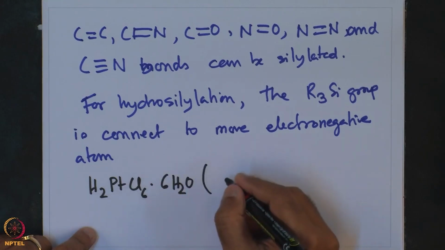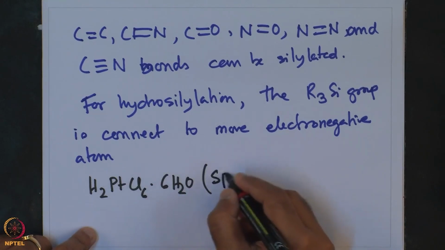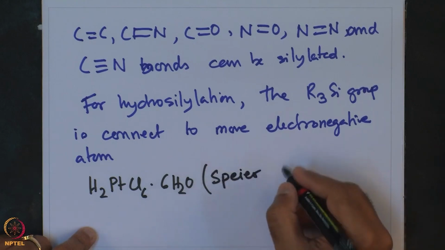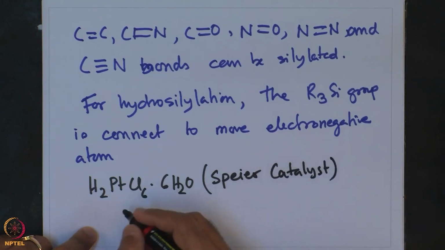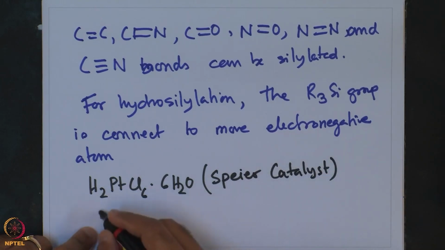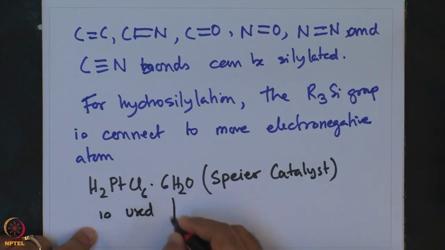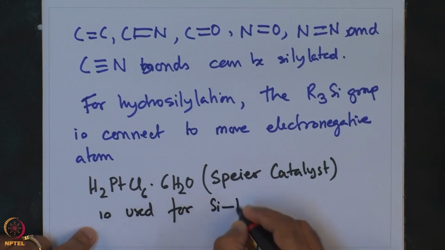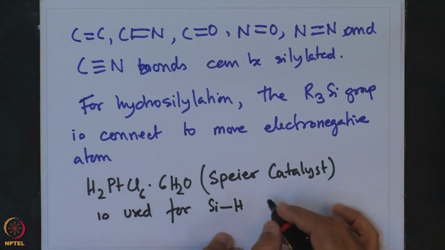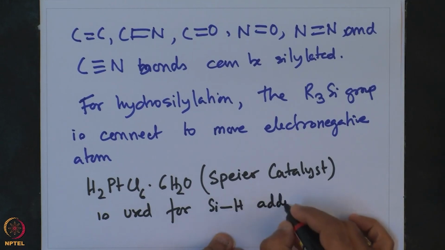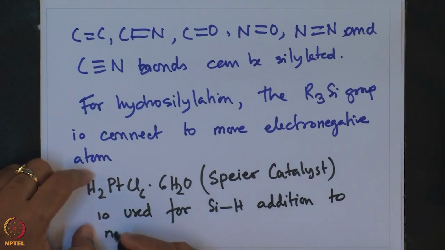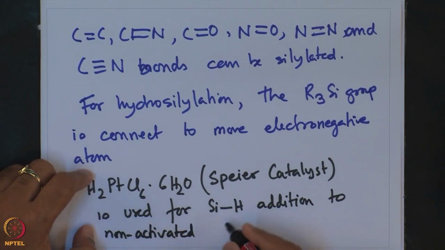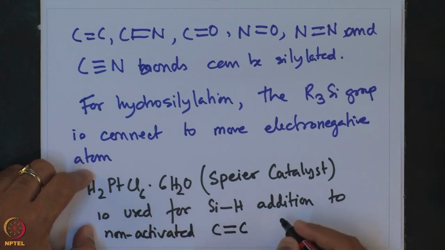This is called Speier catalyst. The catalyst is used for Si-H addition to non-activated C=C double bonds.